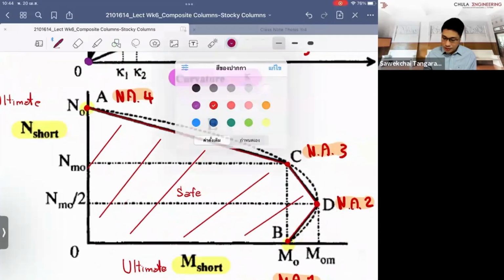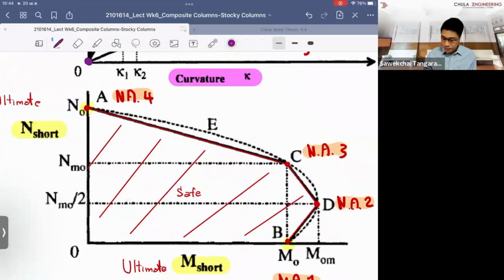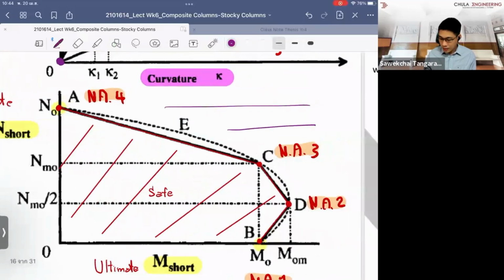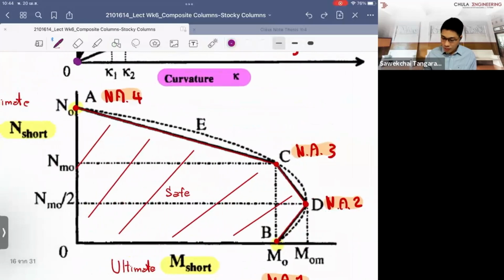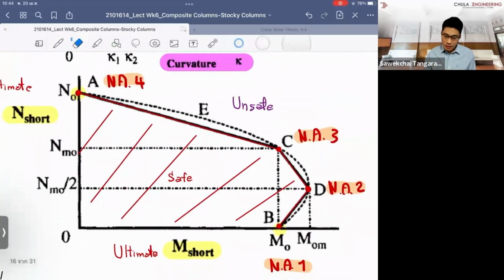But anything that sits outside the diagram we call an unsafe design. The concept is similar to what you learned for steel or concrete, where you have to draw the interaction diagrams.